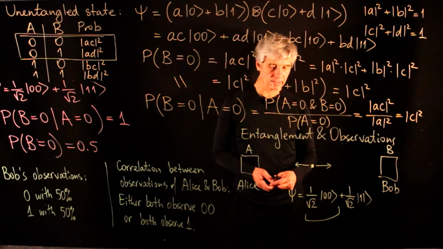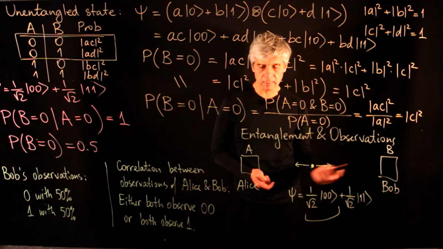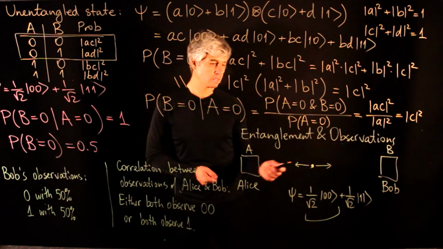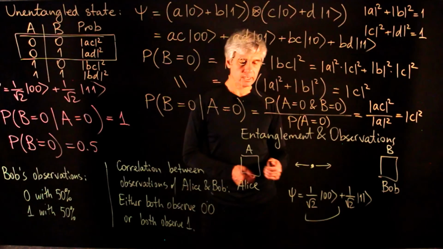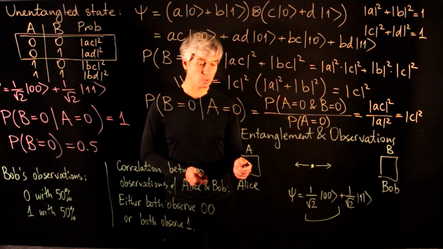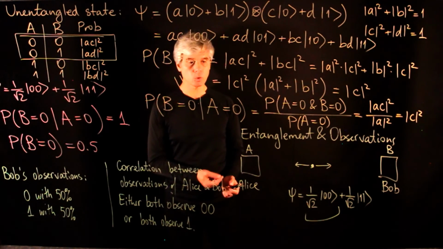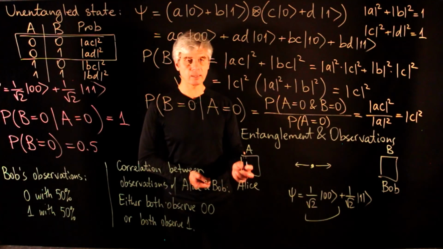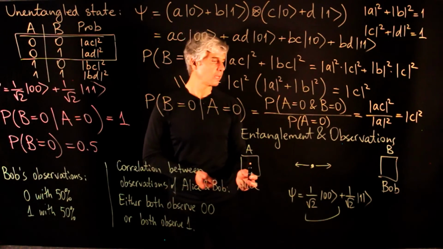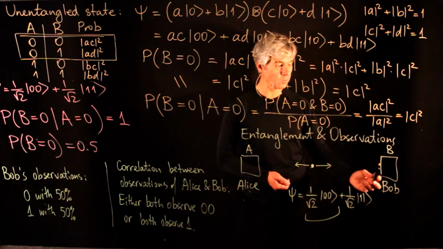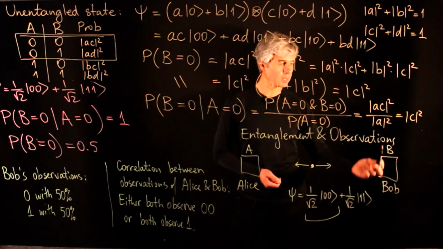Is there a contradiction with relativity theory here? Because Alice and Bob can perform their measurements simultaneously, and so this means that there will be some sort of correlation of what happens at the location of Alice, almost instantaneously, with some event that happens with Bob, right?